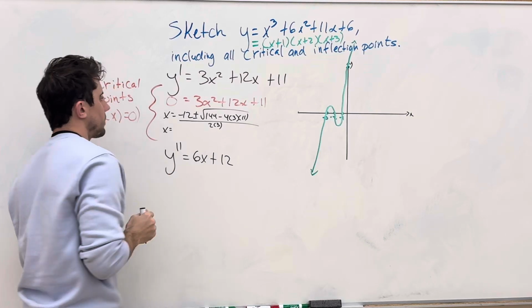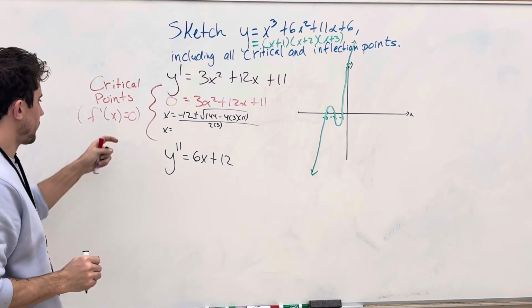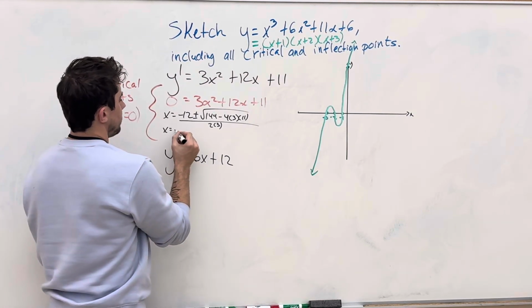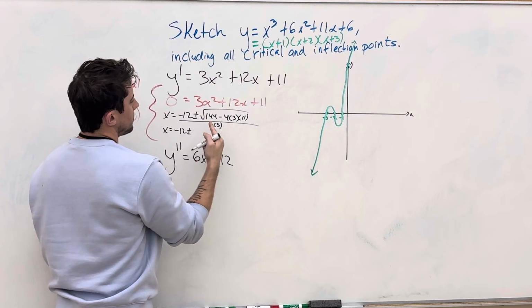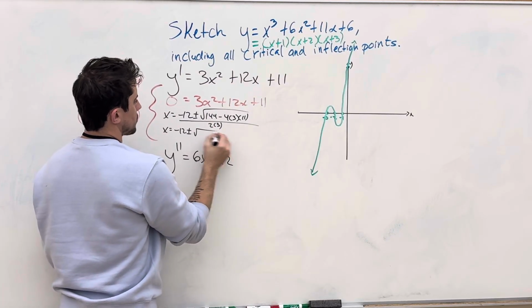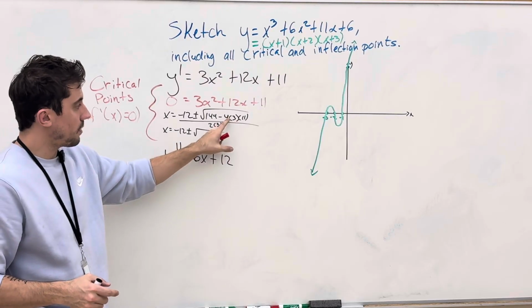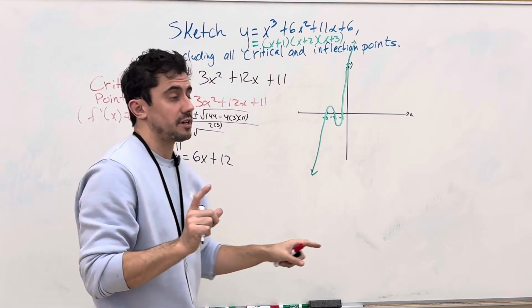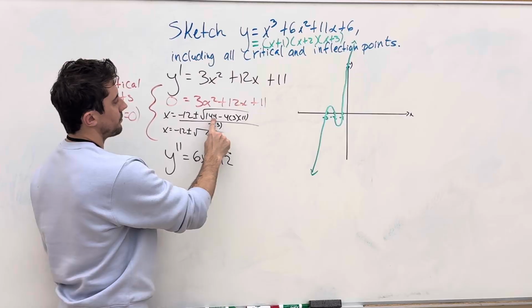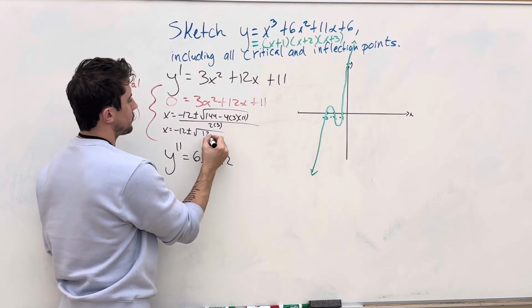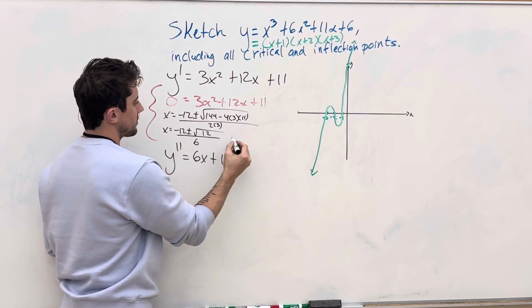Which means that our x coordinates for the critical points are going to be at -12 plus or minus the square root of 144 minus 4 times 3, which is 12, 12 times 11 is 132. And finally, 144 minus 132 is just 12. And we have all of that over 6.